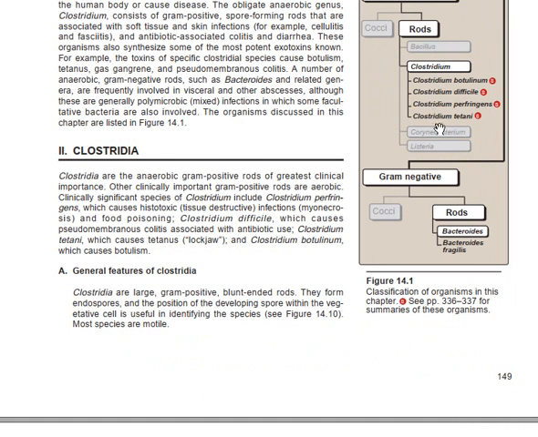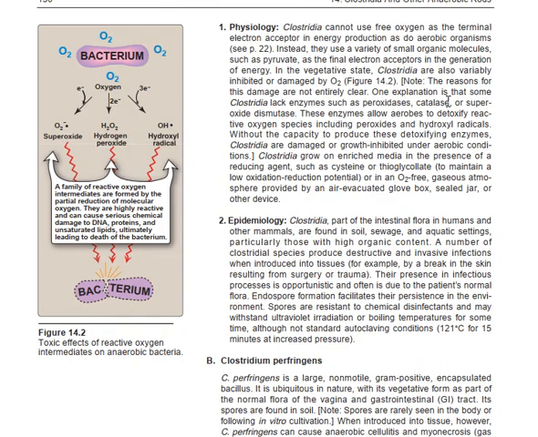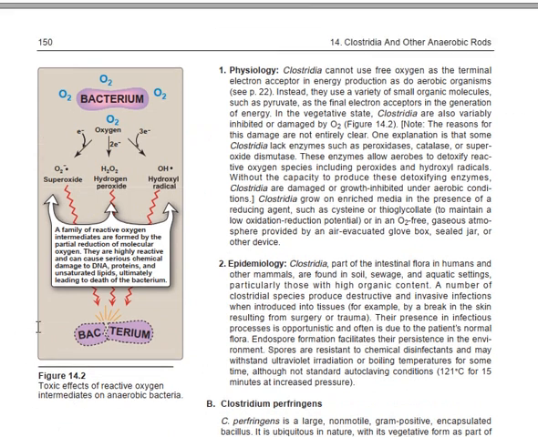Clostridium tetani causes tetanus, with spasm of muscles, following a wound infection. And the last one is Clostridium perfringens, which causes gas gangrene, a swelling with gas underneath the skin. Is it clear?